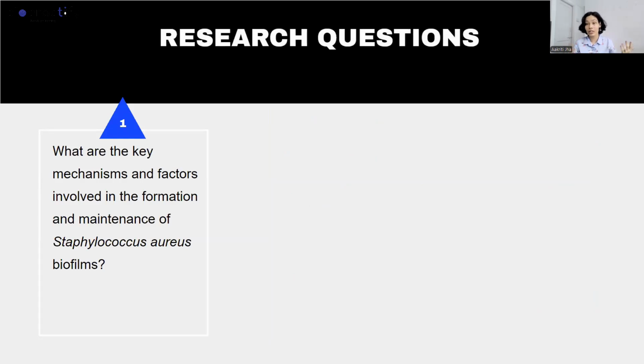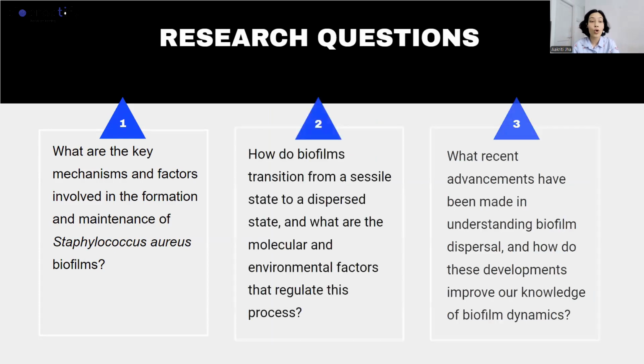Then there were some research questions which we'll see through this entire presentation and also in the research paper. First is, what are the key mechanisms and factors involved in the formation and maintenance of Staphylococcus aureus biofilms?